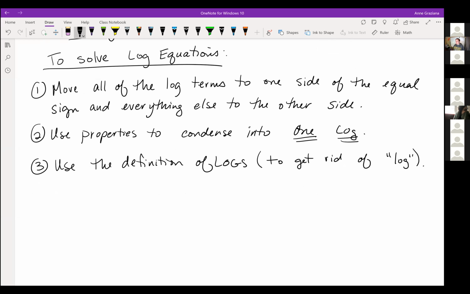I can't solve it as long as it says log. And then the last thing you have to remember is if you used a log property, which almost always we're going to, you must check your answers.